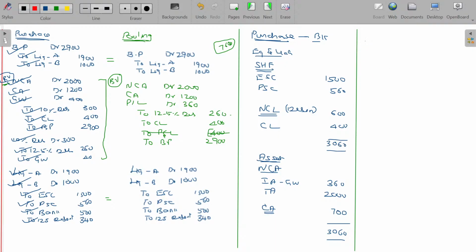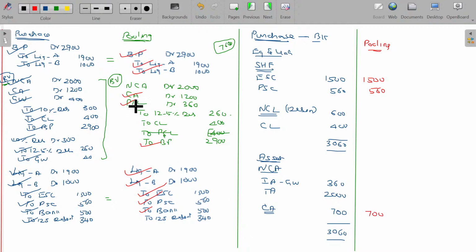What happens in case of pooling of interest method? Under pooling of interest method, business purchase got eliminated. Liquidator of A and B got eliminated. Right. So now equity share capital being 1500. Preference share capital being 560. Bank will be adjusted with the current assets, so 700.